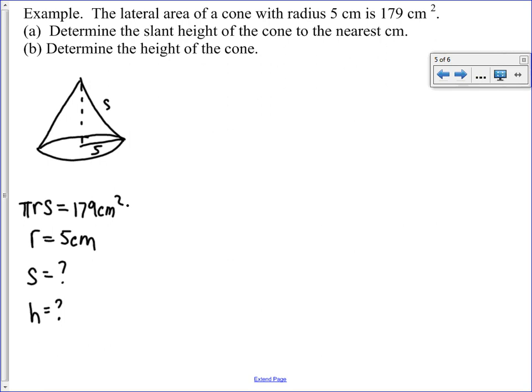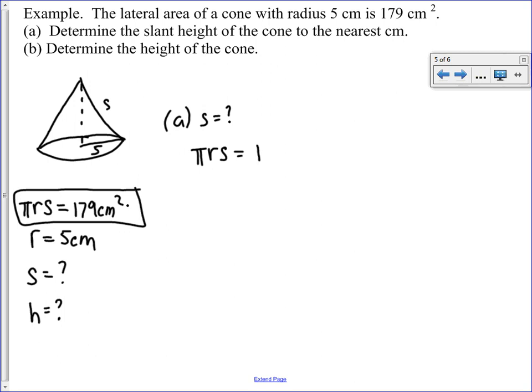Well, the first thing we're going to do is recognize that for part A, we want to find what s is. So we need to find out which part of the equation we can use to solve for s. Right here, we know that pi rs is equal to 179. We also know that r is equal to 5. So what we can do is solve this equation.